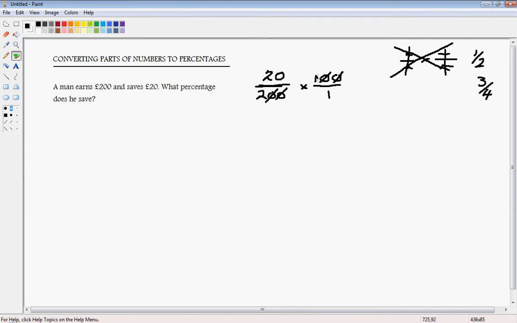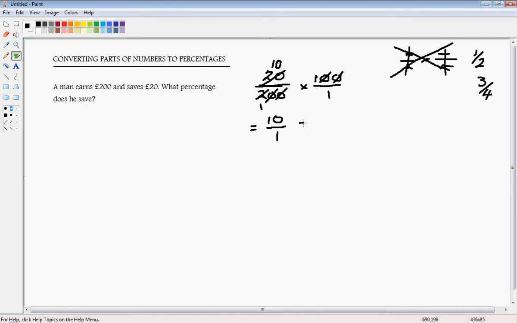So 100 into 100 goes once, 100 into 200 goes twice. Okay, now I also know that 2 will go into 2 and 20. So 2 into 2 goes once, and 2 into 20 goes 10. Okay, so now when we multiply fractions, we multiply straight across. So 10 times 1 is 10, and 1 times 1 is 1.